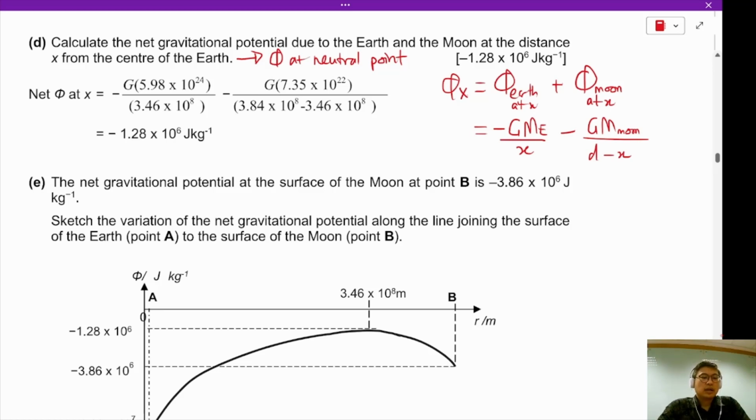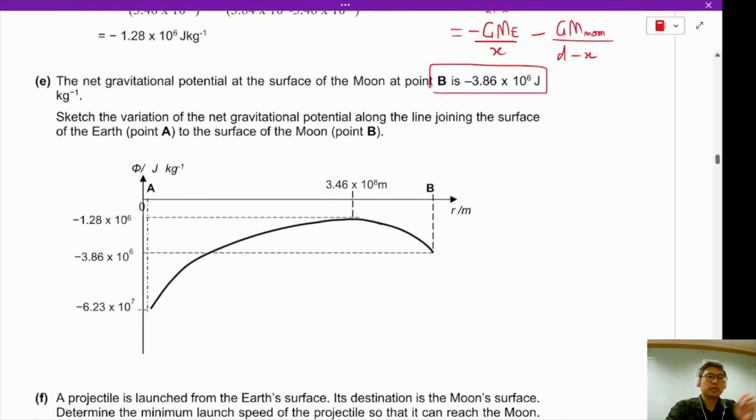So the net gravitational potential at point B is minus 3.86 times 10 to the power of 6 joules per kg. Sketch the variation of net gravitational potential along the line joining the surfaces. Now let's take a look at all the three numbers. Potential at A is minus 62.3 times 10 to the power of 6 joules per kg.